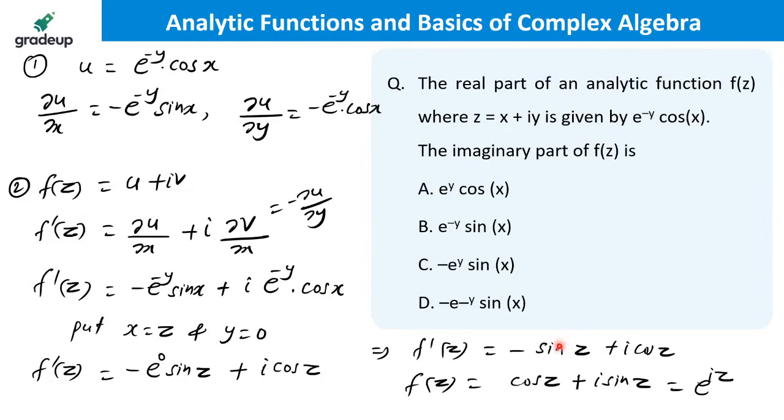Is that all fine? Integrating both sides, so you will be getting integration of sin z is minus cos z plus cos z will be the answer. Integration of cos z will be I sin z plus c.